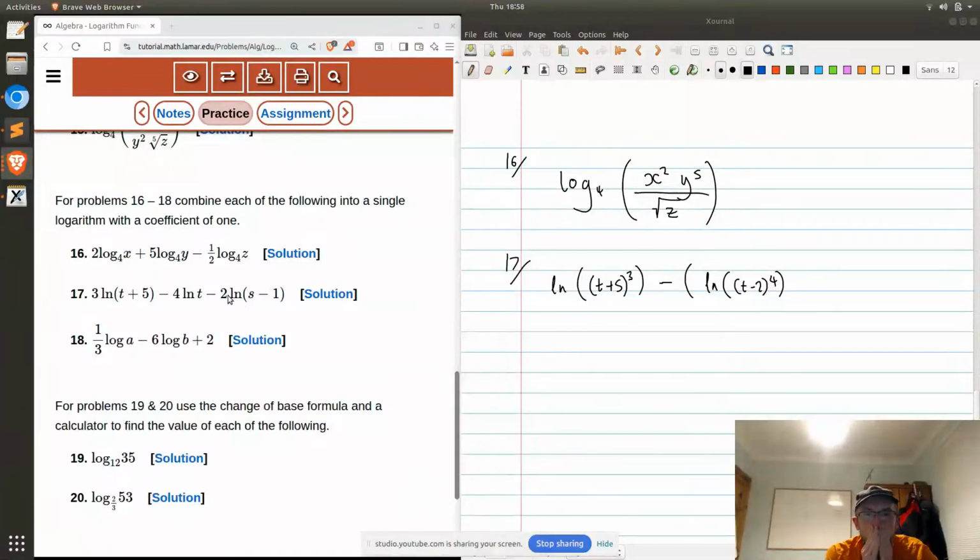Oh no, it's not a minus sign there. I did it in the wrong spot. All right, so t to the 4 like that. And then that would be plus, right?